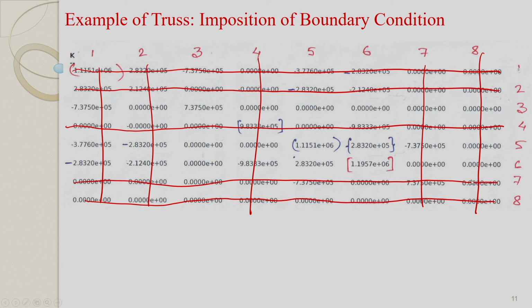So, the only active degrees of freedom, that is non-prescribed, are u3, u5 and u6. So, our reduced stiffness matrix will be 3 cross 3.